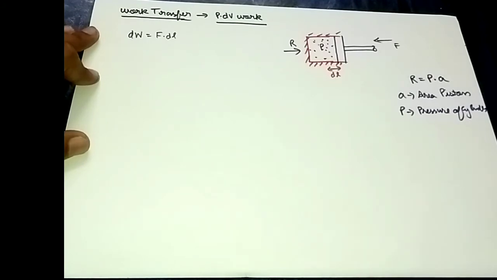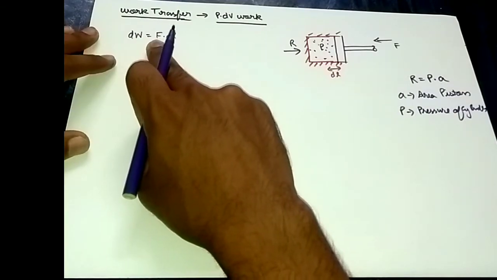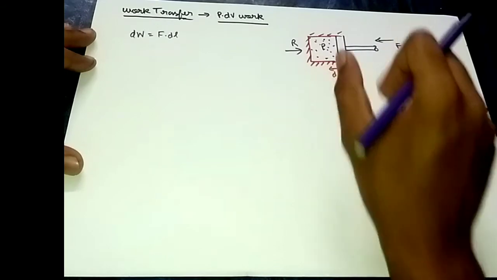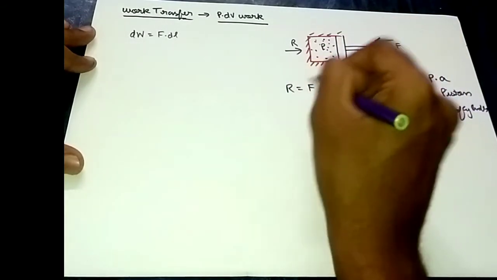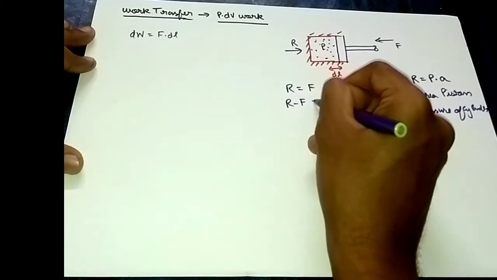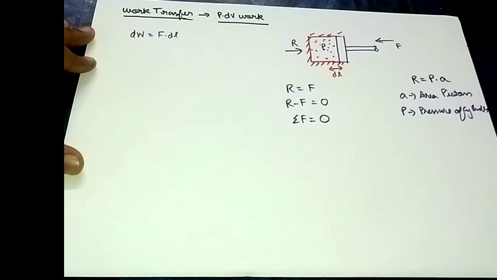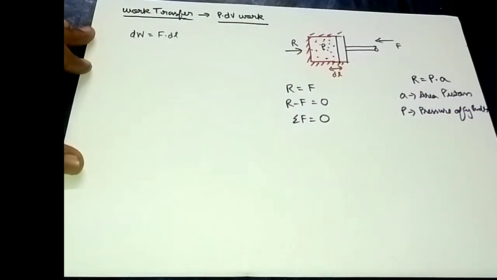Now how do we put it in this formula? We know that there is a reaction force R equal to F, so it will be in equilibrium. R minus F is equal to 0, therefore sigma F is 0. Now what is the force here?